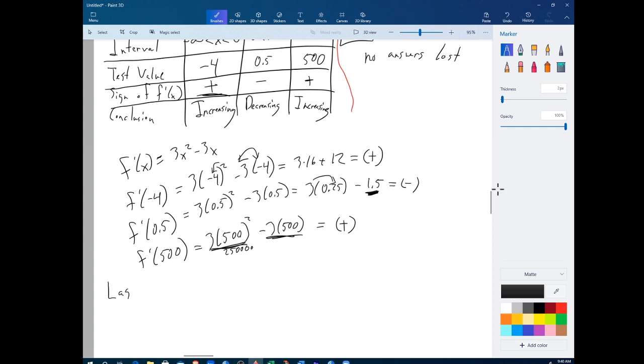So, last, I am going to say, let's go ahead and find the f of the extrema. Or even better yet, let's not call it extrema. Let's, because of what's coming up next class, let's find the x of the critical points. And put the graph together.